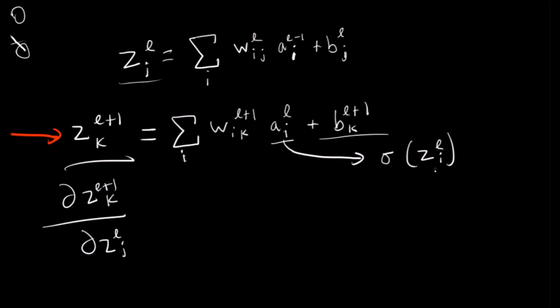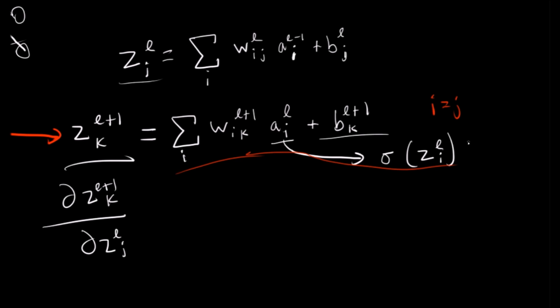Let's look at the only terms that contain Z_J of L. This is a summation over all of the previous neurons, and we're going to do a similar thing to what we did in getting the derivative of the cost function. We're going to notice that this derivative only has a non-zero value when I equals J, right?